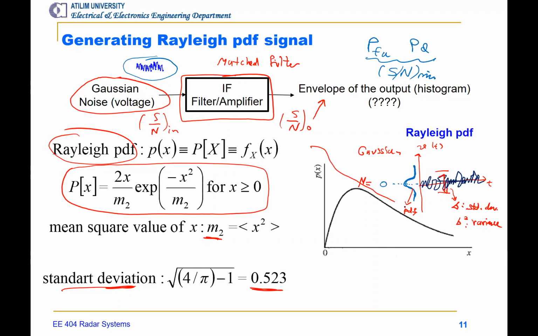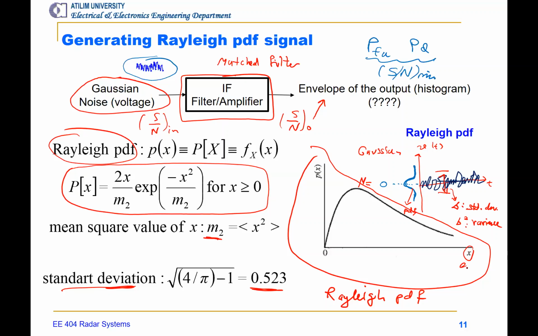And here is the picture of the Rayleigh PDF. You see, this is not symmetrical. This is always positive because that's the envelope. We get magnitude square or magnitude, which means that we got positive values only.